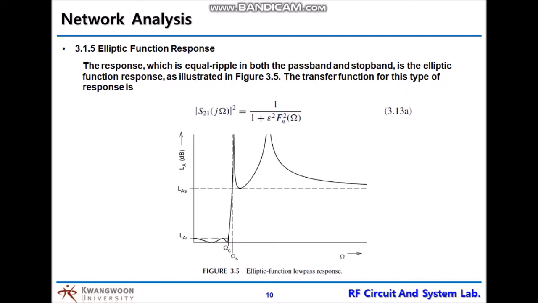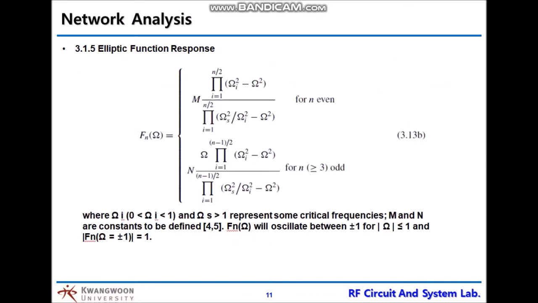The transfer function for this type of response is equation 3.13a, where omega a more than 0 and smaller than 1, and omega s more than 1, represents some critical frequency. m and n are constants to be defined by 3.13b.